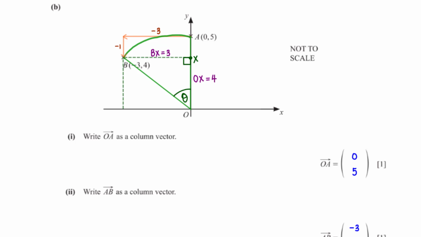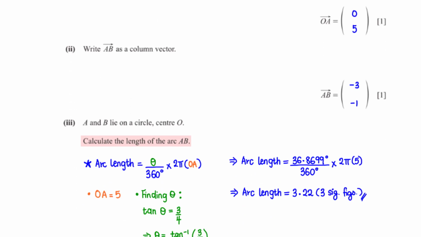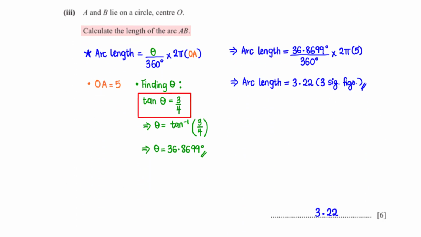If we draw a line from B to X, we form a right-angled triangle. B is 3 units from the origin in the x direction, and so BX is 3. B is 4 units from the origin in the y direction, and so OX is 4. We can find theta using SOHCAHTOA. This gives us tan theta equals 3 over 4.